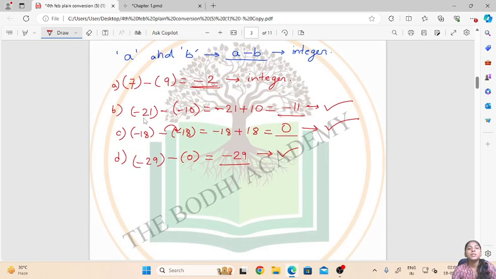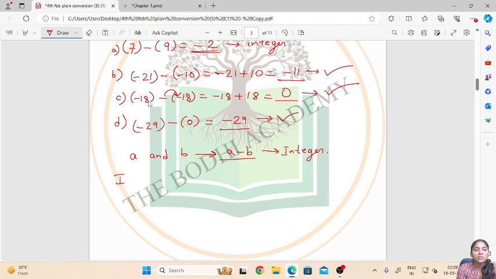So we have seen that for any integers a and b, the difference of these integers, a minus b, is always an integer. So we say that integers are closed under subtraction. So this is our second property.